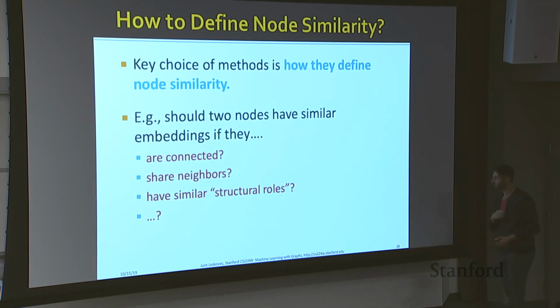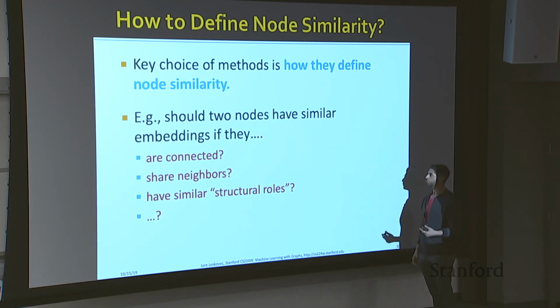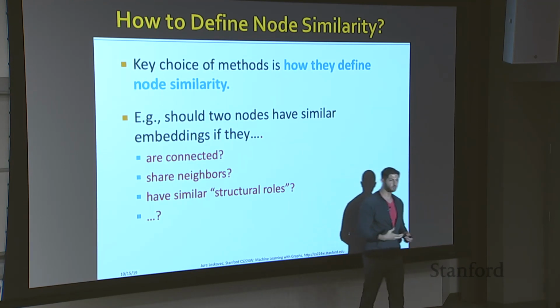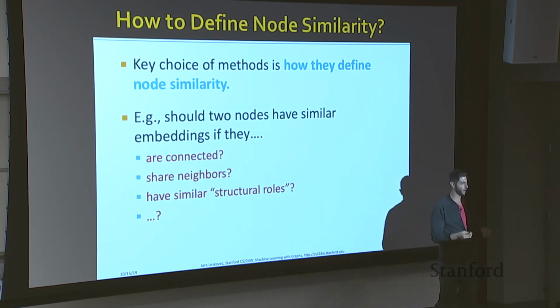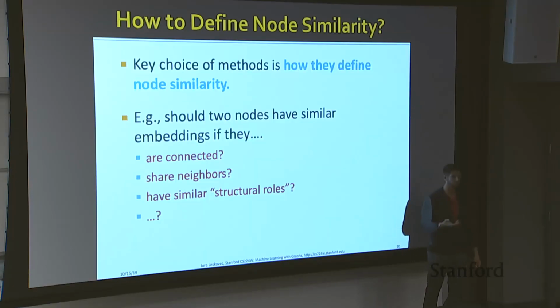Okay, so let's go back to the problem that we were mentioning before. How do we define our node similarity? These are some of the ideas that I was mentioning before. Two nodes should be similar in the embeddings if they are, for instance, connected, or if they share neighbors. So, for instance, you take their egonets and find if they have a high intersection, like if the Jaccard similarity of the egonets of two nodes is very high, or you might want to check the structural roles of the nodes, and many other things that you can also try to play with during your project.